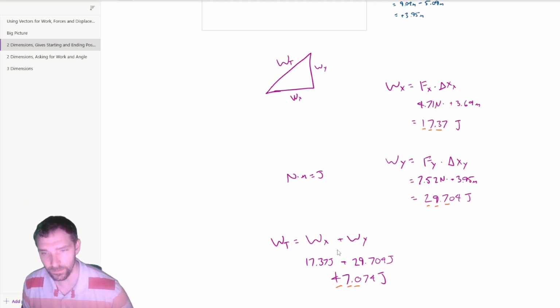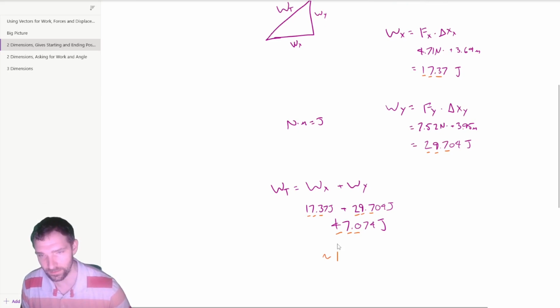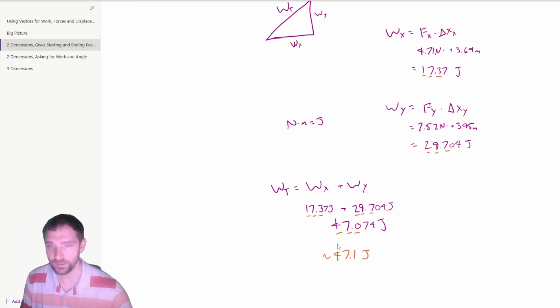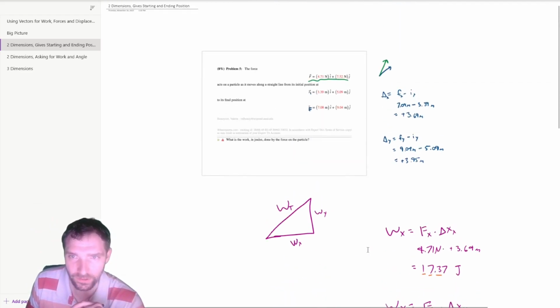And you can then see the 3 sig figs being added here, when now it's more about place value. So it's really the 10th place value that's coming into play here. So yeah, this gets rounded to 47.1 joules is what I'm seeing. And that should be good for this first problem.